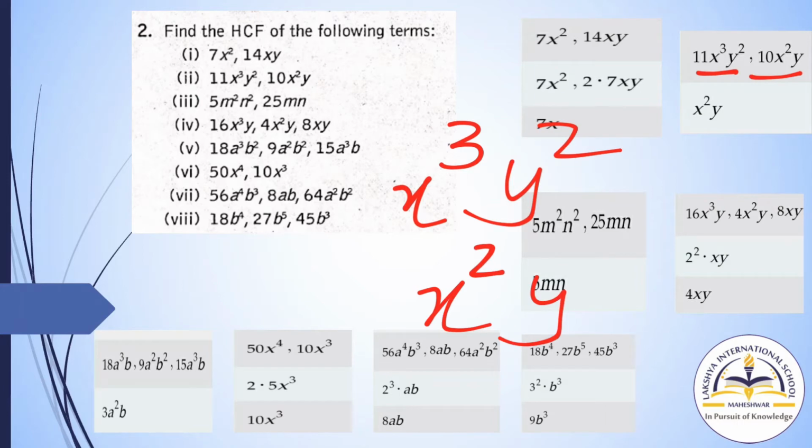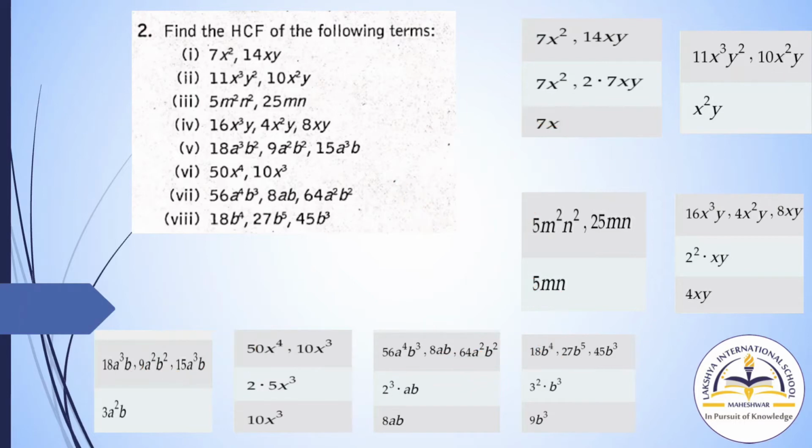Now you can see which is the common: x square and y. Now the answer will be x square y, because for 10 and 11 we cannot find a common factor between them because they are not the multiples of any one number.